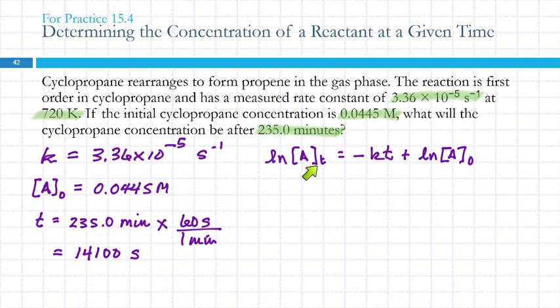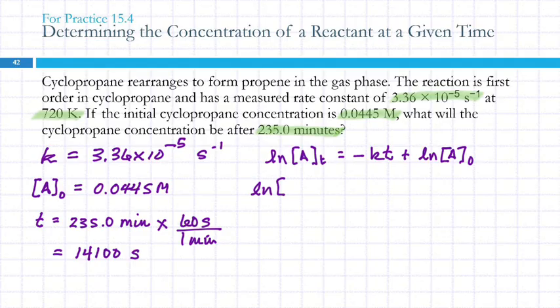So what we're looking for is A at time t, where time t is 14100 seconds. Here we have the rate constant, so we can plug that in, we can plug this in. We know what A0 is, so we can fill that in.